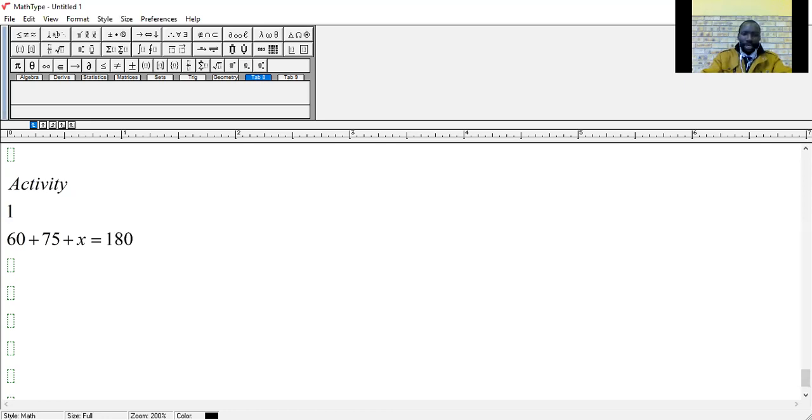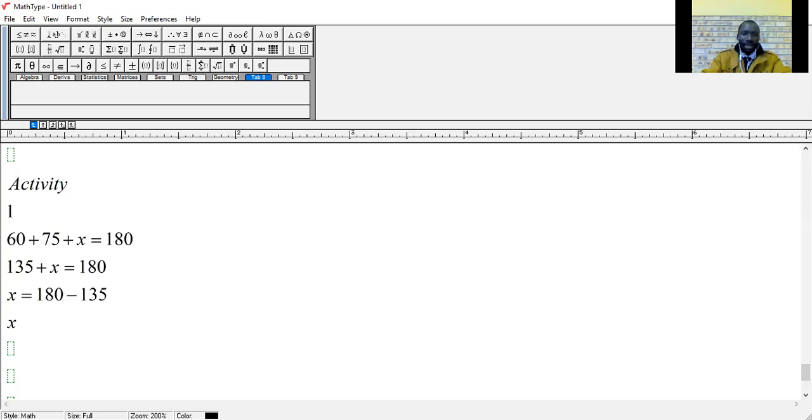we must get 180. To solve for X, in the next step, we first add the like terms, that is 60 and 75. That will give us 135. Now we add X so that we get 180. In the next step, we transfer 135 to the right-hand side. On the left-hand side, we will then be left with X. Then on the right-hand side, we are going to have 180 minus 135.